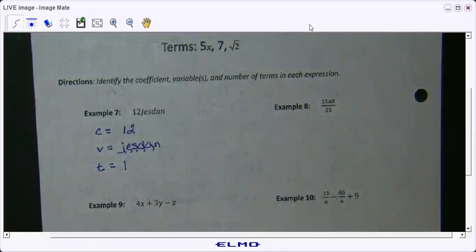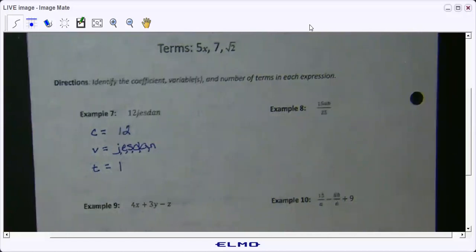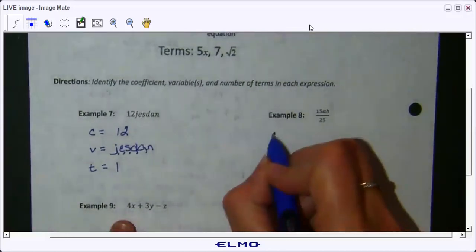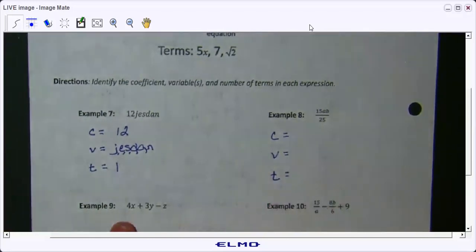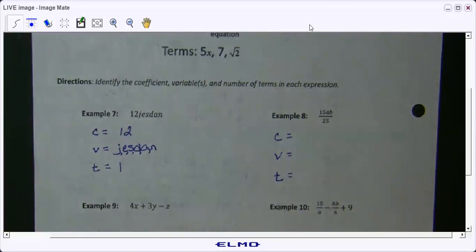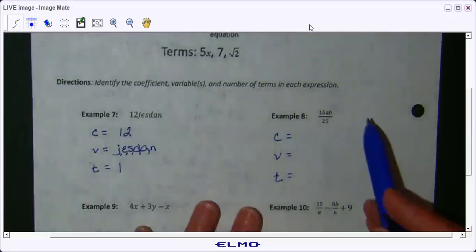Any questions? Okay, let's go to example 8. We have coefficient, variable, term. I think in your textbook, it only asks for coefficient and term, and that's okay. If it doesn't ask for something, you don't have to write it out. Now, I'm going to show you something with this one.